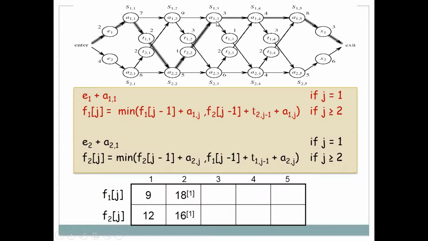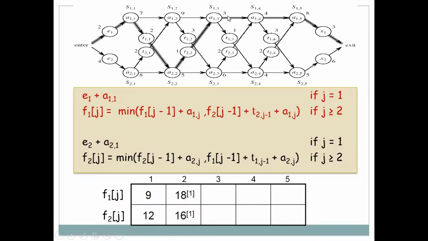Okay, now for j is equal to 3, minimum from f1 j minus 1 means 18 plus 3. So 18 plus 3 is equal to 21. And another thing is f2 j minus 1 plus t2 j minus 1 plus a1j, means at this point f2 j minus 1 is 16, plus transferring cost 1, 16 plus 1 is 17, plus a13 is equal to 3.